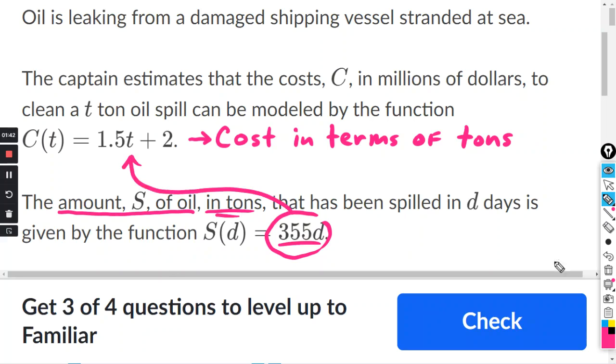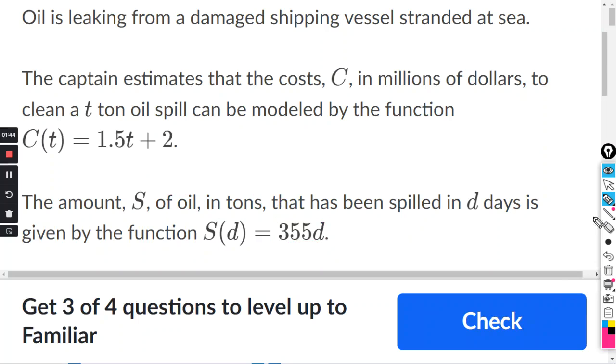Okay, so what we're really looking for, instead of C of T, we're looking to find C of S of D. Okay, because S of D will give us T. So we want to plug in the expression for S of D in place of T. All right, so that's what I'm going to do.